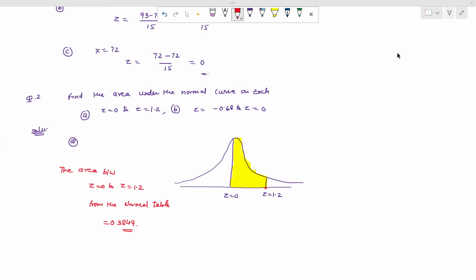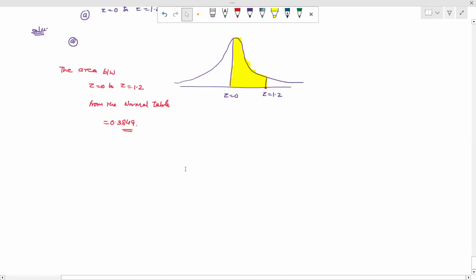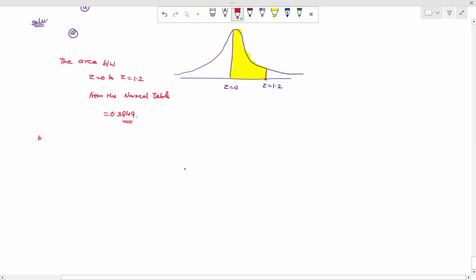Now similarly, we do the second part, z is equal to minus 0.68 to z is equal to 0. First we draw the curve.